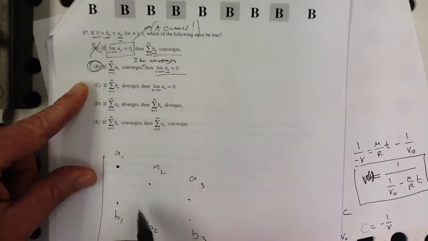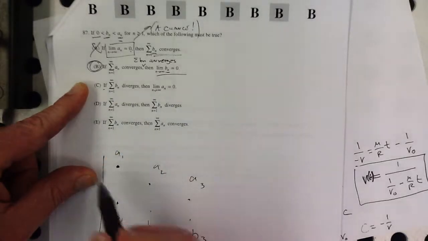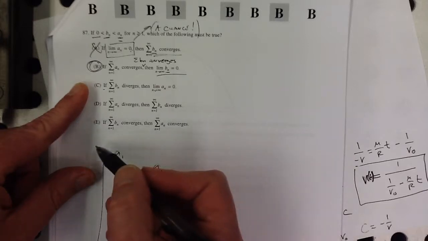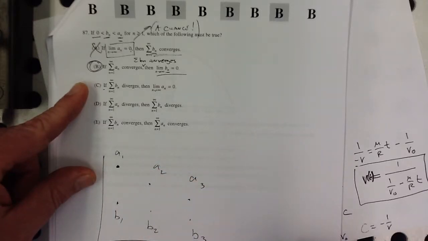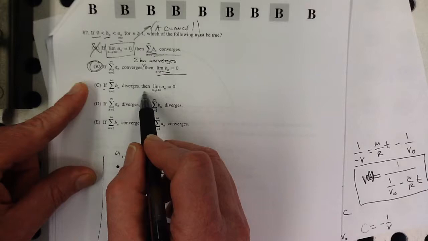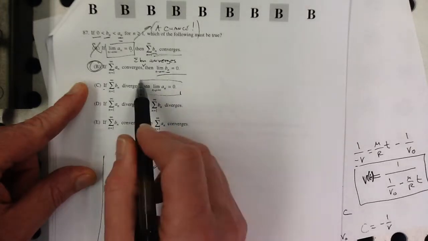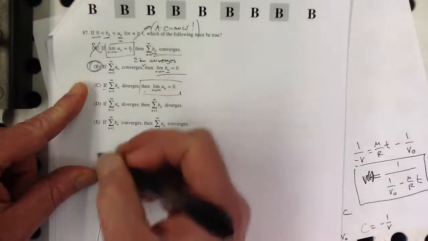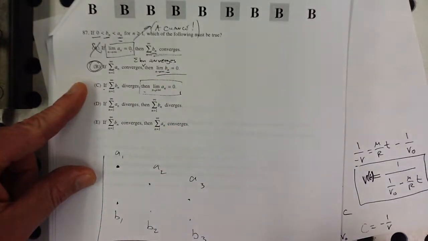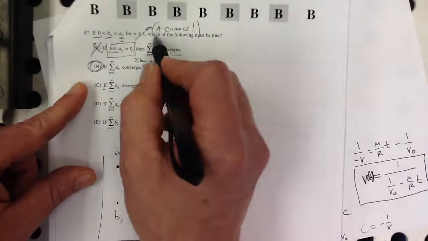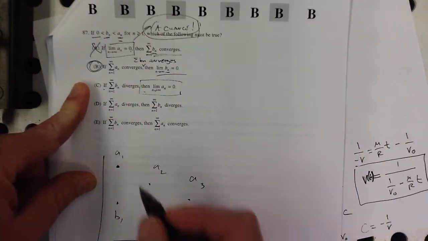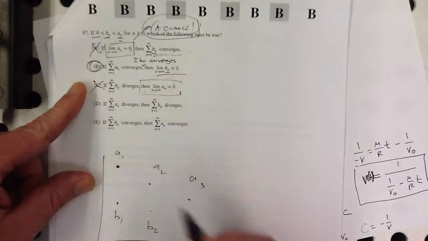If B diverges, then the only thing we could say for sure is that A must also diverge, and that doesn't necessarily mean this or the opposite of this either. It could be either way, because we could have a divergent series where the terms are getting close to 0. You were telling me there's a chance, and then it didn't work out. So that's no good.